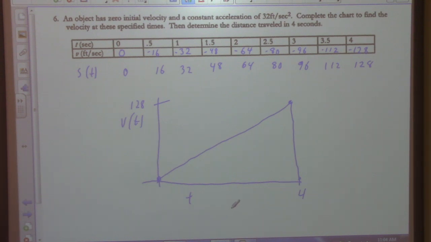So what is going to be our distance traveled in those 4 seconds? It's going to be 1/2 of 4 times 128, which is 1/2 of 512, which is 256 feet.